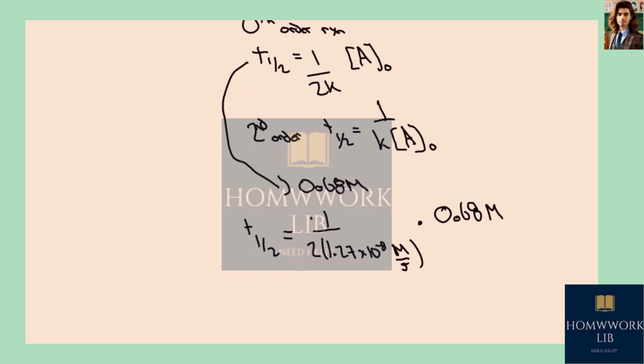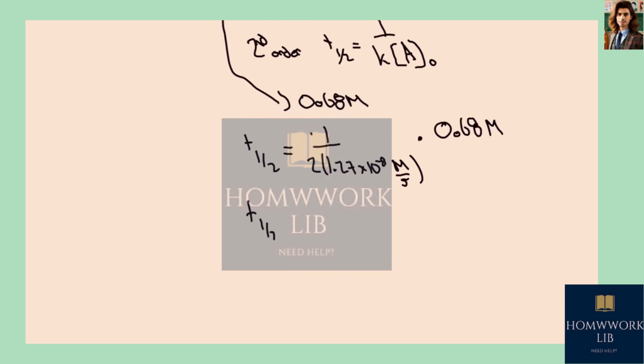The half-life time thus becomes 2.677 times 10 to the 7 seconds. So if we convert this into minutes, we simply need to divide by 60, which gives us 4.462 times 10 to the 5 minutes.